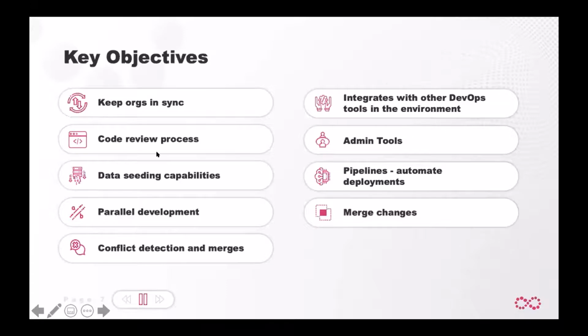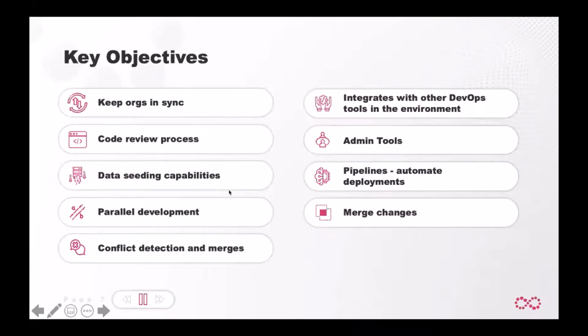Most of our customers want to instrument code review as part of the process, and having a good code review process will ensure that the quality of releases is better, and you don't have to do so many rollbacks. You can catch all the errors upfront, analyze all the dependencies, and ensure there will be no code overrides. All the issues are caught upfront before you even attempt to deploy the changes.